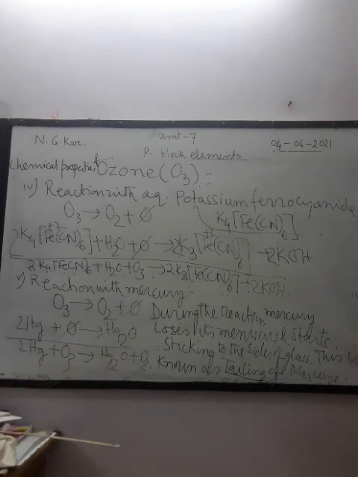Now during the reaction, mercury loses its meniscus and starts sticking to the surface of glass. This is known as tailing of mercury. So what is tailing of mercury? When mercury is allowed to react with ozone, it forms mercurous oxide and loses its meniscus, and the phenomenon is known as tailing of mercury.